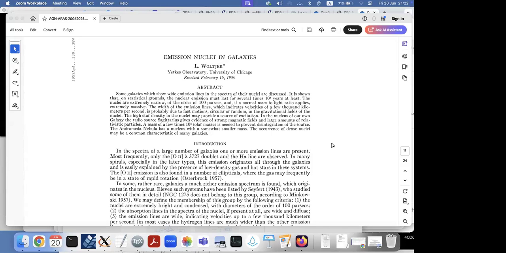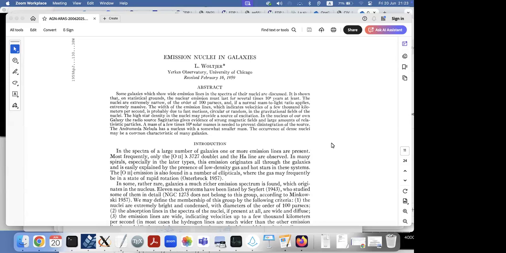You know that when you're in the center of a spherical distribution of mass, there's no net gravitational force. So you would expect that if you are in the interior of the bulge of the galaxy, there's very little mass inside you as you go progressively closer to the dynamical center of the galaxy. And instead, there was this thing sitting in the center that was producing the lines that Seifert saw.